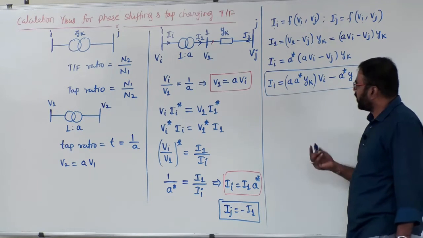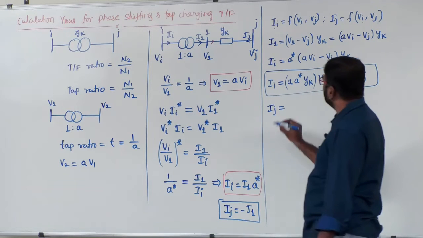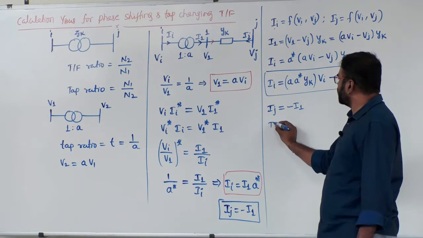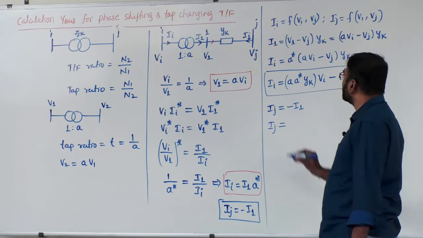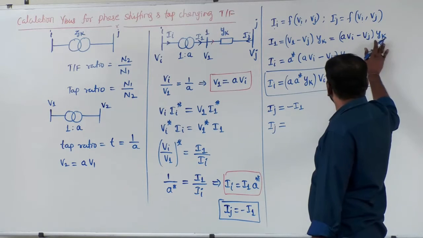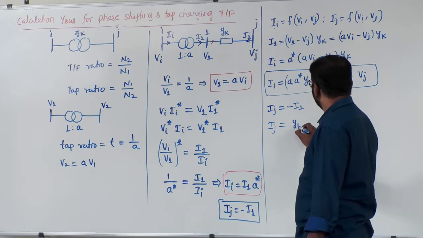Now, Ii we have written fine. Now, what about Ij? See, Ij equal to minus I1. So, what can I write now? Ij equal to simply minus I1. That means minus into minus plus here, Yk into Vj.